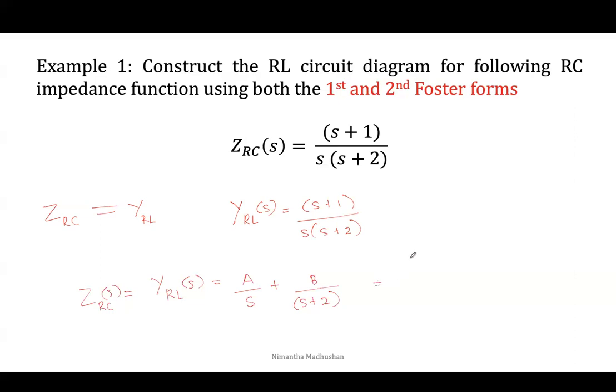The value of A is equal to half and the value of B is equal to half. Then I can write the partial fraction expansion 1 over 2S plus 1 over 2 times (S plus 2). This is the partial fraction expansion of this admittance function.